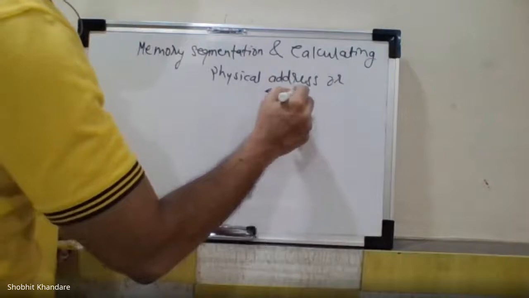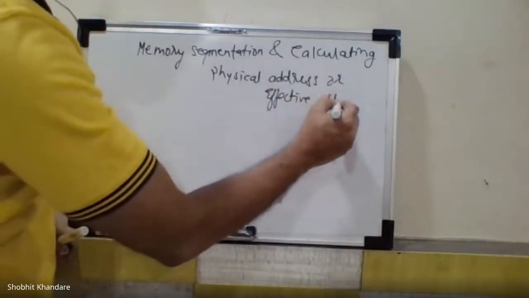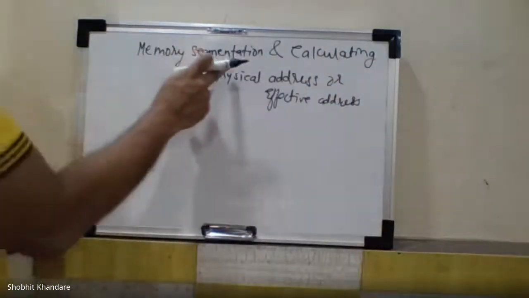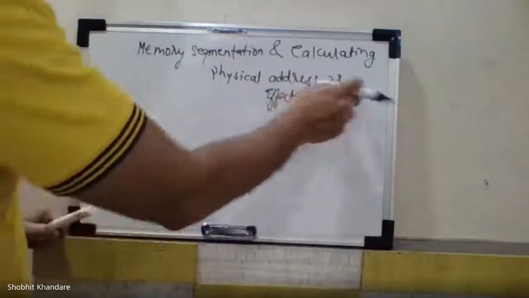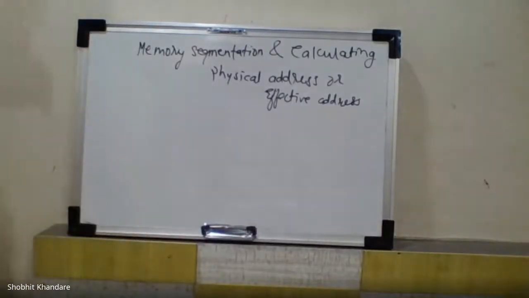I have already taken all this, but we are going to go into the detail of this concept. Today we'll see what this effective address is and how to calculate the physical address or effective address. We'll take an example and try to solve it.